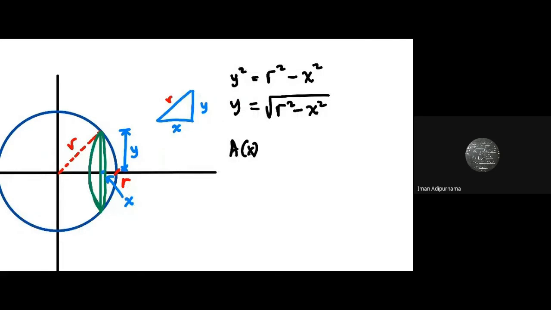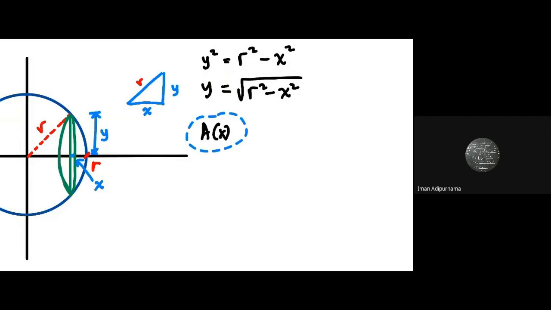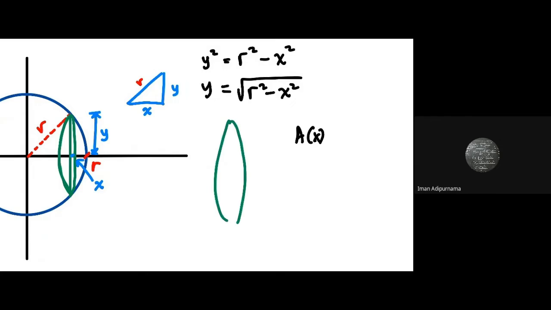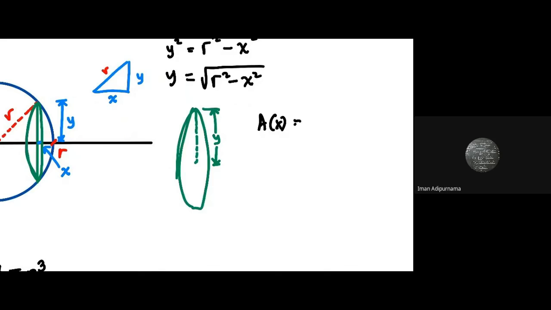So we can write the area of x. If we look at the circle, this is just to confirm that our circle has radius y. So we can write this radius y into our area, pi y squared.